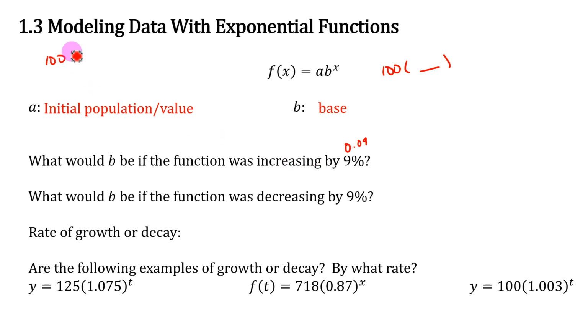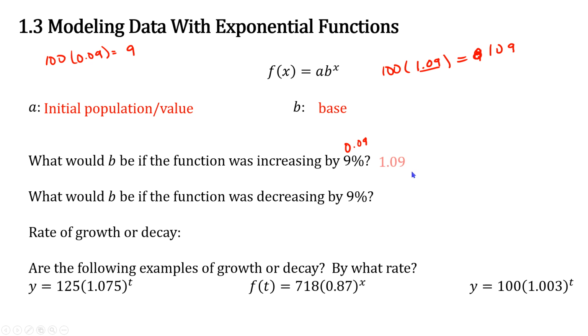So 109% of 100 would be $109. I want this to equal 109 because I want to add that to that. I want to add that plus 100. So the idea is I want to multiply by 100% plus the 9%.